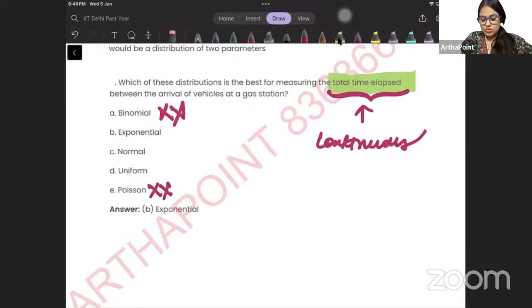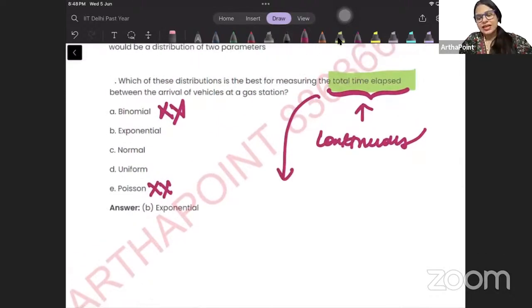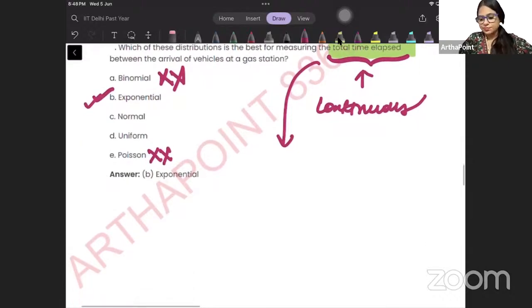And it cannot be Poisson. Secondly, whenever we talk about things like how much time has passed, how much growth rate, we go for exponential or Poisson. So in this case, it cannot be Poisson because we are talking about time. It is a continuous variable. So therefore, the right answer to this question can be exponential. So exponential is the correct answer.